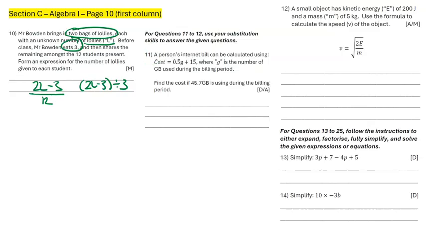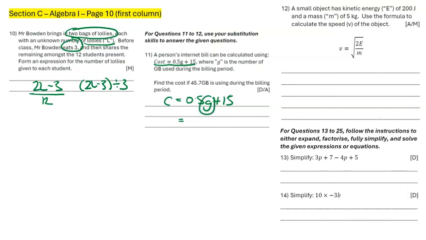So we're now at question number 11, and we've been told to use our substitution skills here. A person's internet bill can be calculated using this equation, where G is the number of gigabytes used in a period. Find the cost if 45.7 gigabytes are used. So let's jot down my formula. The cost is equal to 0.5G plus 15.